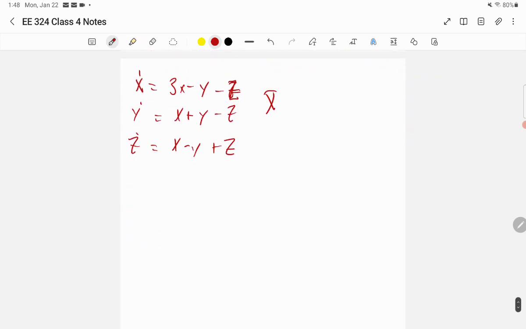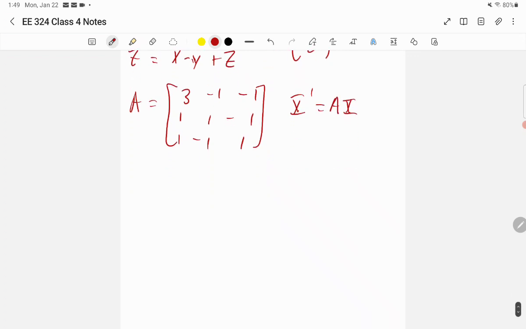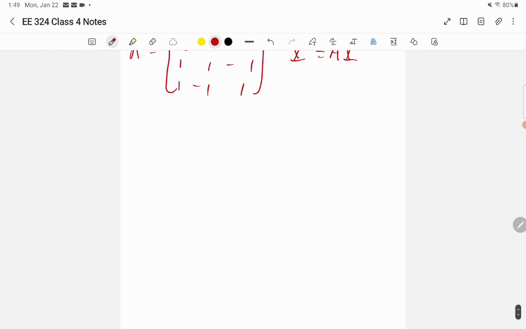So that means my x is equal to x, y, z. My A is equal to 3, minus 1, minus 1, 1, 1, minus 1, 1, minus 1, 1. And again, it's homogeneous, right? There's no f of t, no function of t on the end.